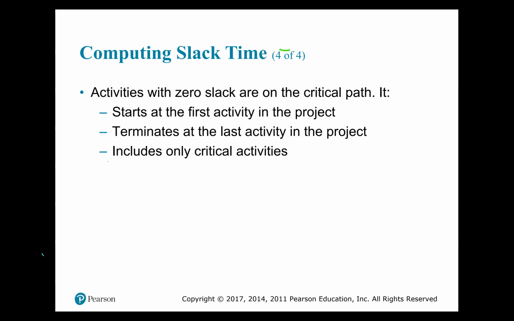Only activities that have 0 slack, beginning at the start of the project, ending at the last activity in the project. And remember, the critical path includes only critical activities, and critical activities are activities that have 0 slack.